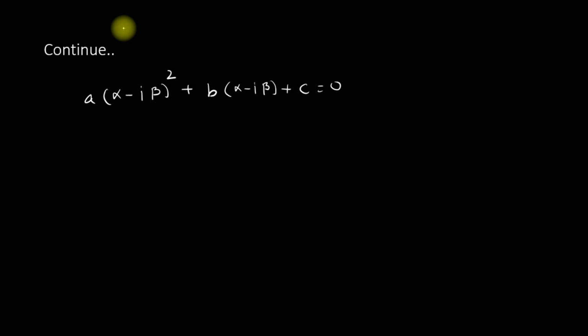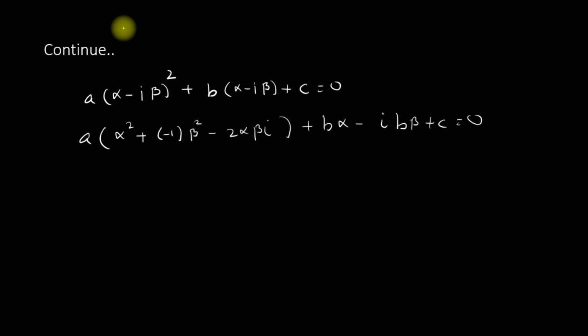Now after solving, we can write a into alpha square plus i square, that is minus 1, into beta square minus 2 alpha beta into i, plus b alpha minus i b beta plus c, equal to 0.